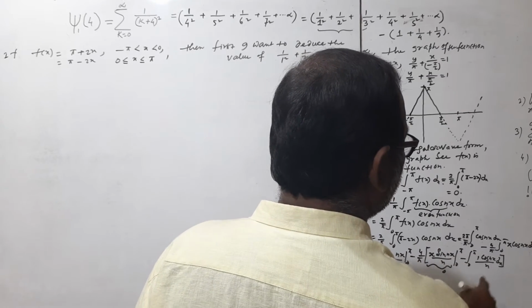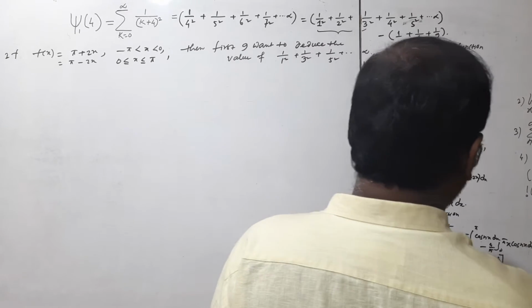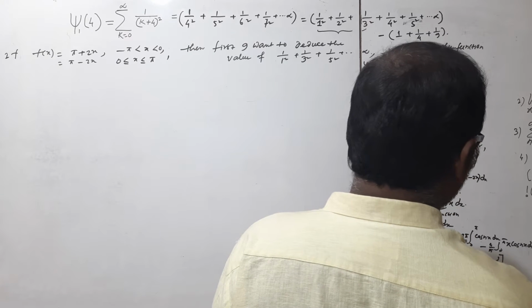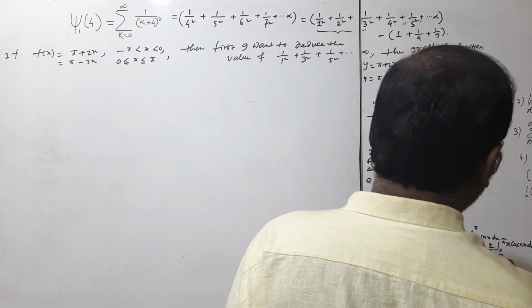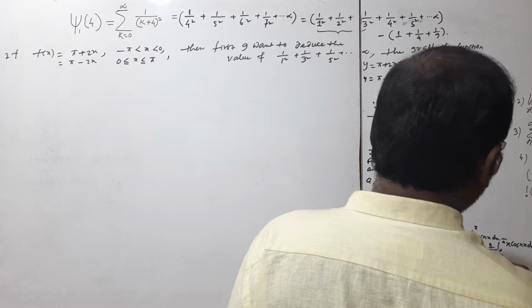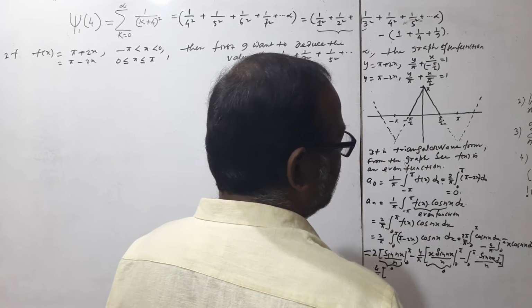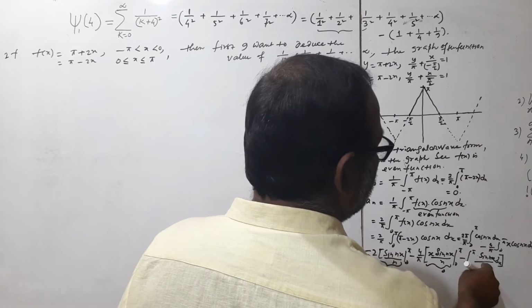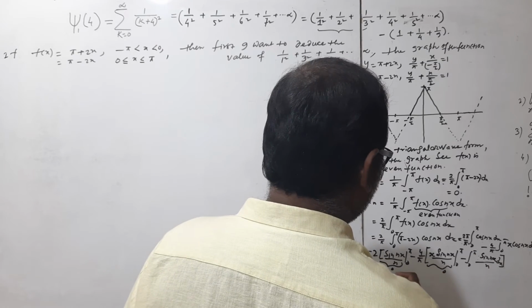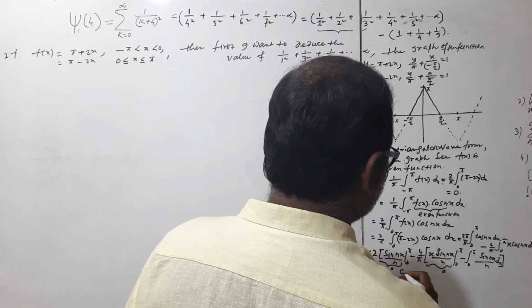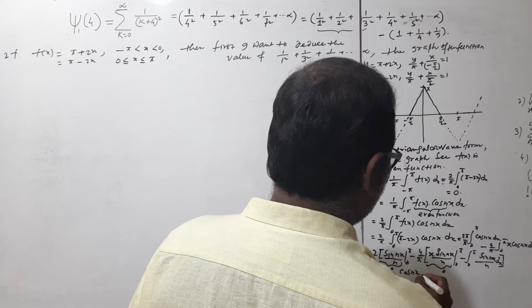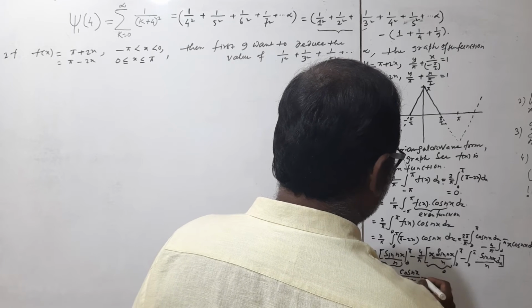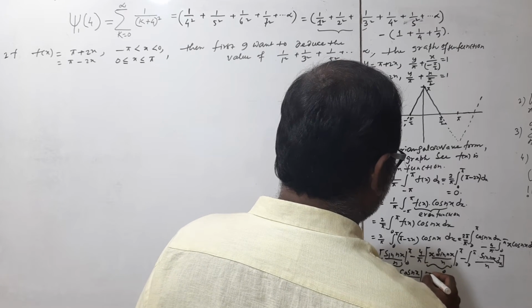Minus minus plus, our integration. I have wrongly written the integration of cos nx; this is sin nx over n. After the integration of this, here is minus cos nx over n square, and this is 0 to pi.